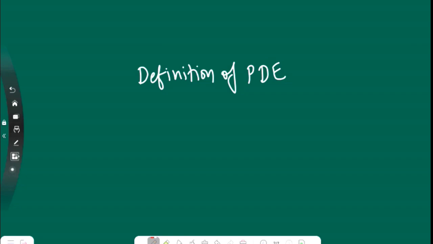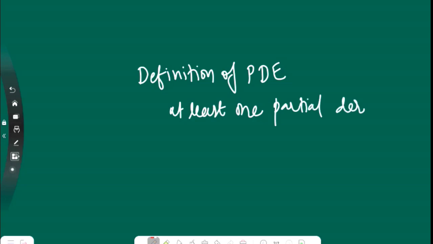Any equation which has at least one partial derivative and minimum two variables.